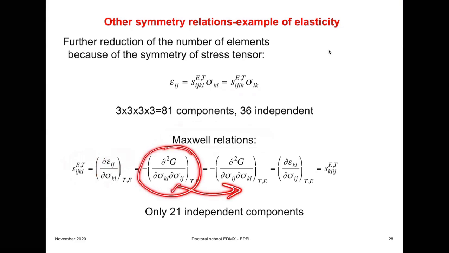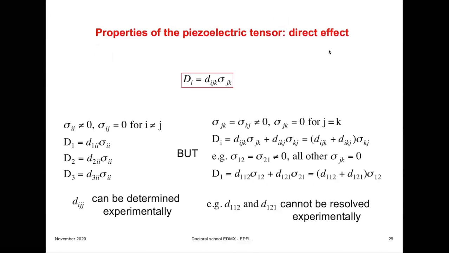We invert the order in which we do derivatives, and we get that S_klij must be equal to S_ijkl. So we have only 21 independent components of the elastic tensor. And that's like that for all materials, before we apply any symmetry of the crystal, which comes on top of that.